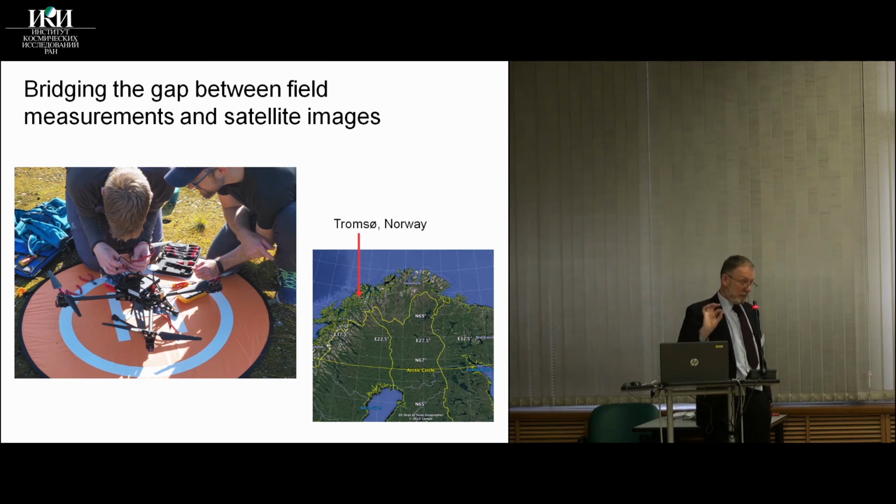So the collaborative work that I will describe in the roundtable tomorrow, working on the Russian boreal forest, makes extensive use of data collected from UAVs, which is providing a very powerful way, we are discovering, of bridging the gap between field scale measurements and satellite scale measurements.